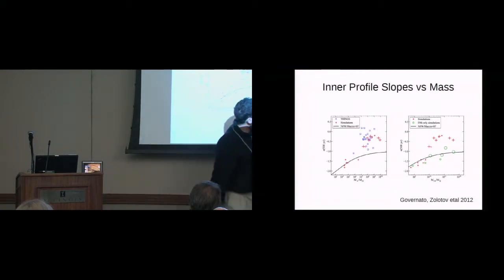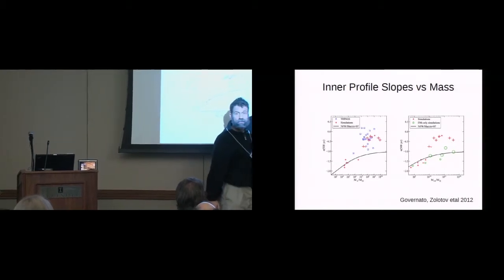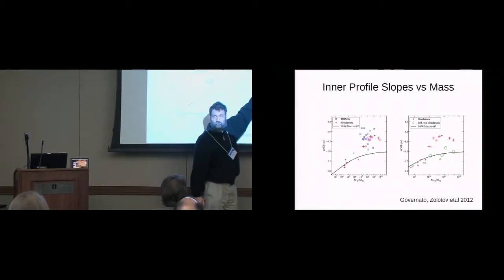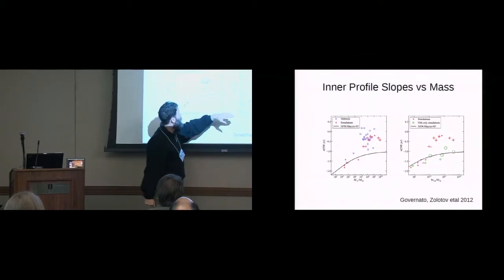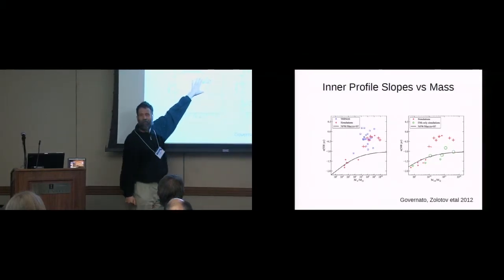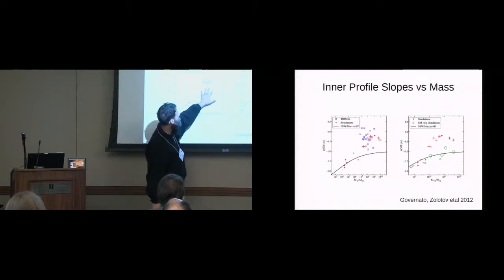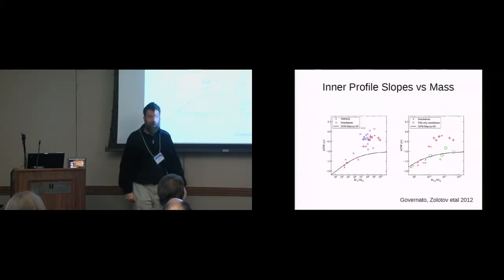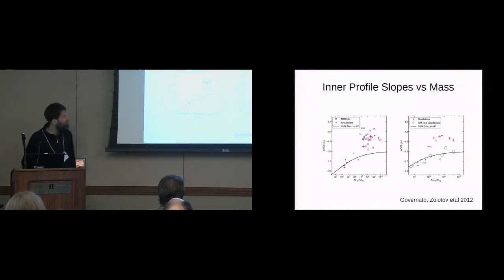Green circles are dark matter only simulations. If you include the effect of baryons, you get these red crosses, so more core dark matter profiles. And the blue, of course, are the observations. So including the baryons is how we can explain the density profiles of observed galaxies. So again, emphasizing the point that you've got to go down to these scales to get the baryon physics.